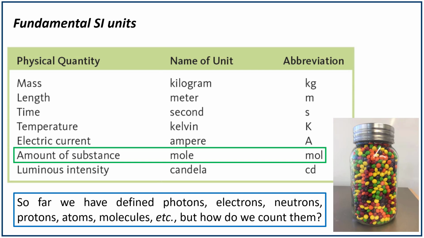Now how do we actually count those atoms when we are looking at stoichiometry, a study in chemistry which actually deals with chemical reactions? In order to process those large numbers, we have to work with another fundamental SI unit, amount of substance, which is defined as the mole, and has this abbreviation.